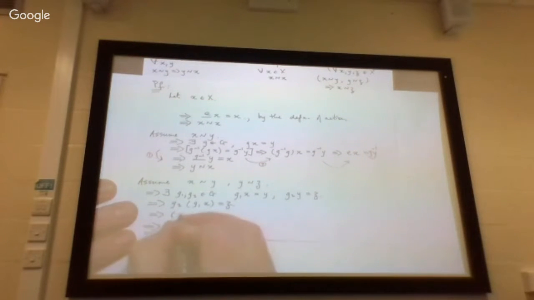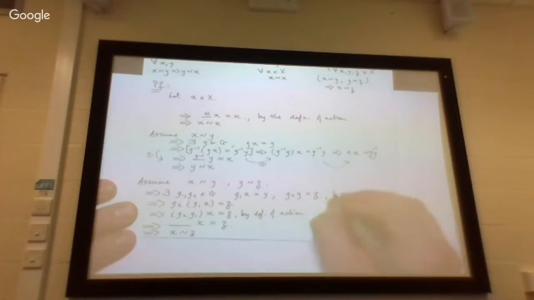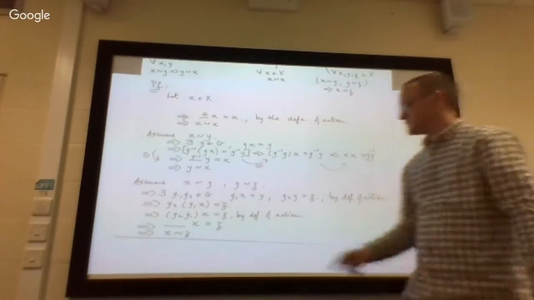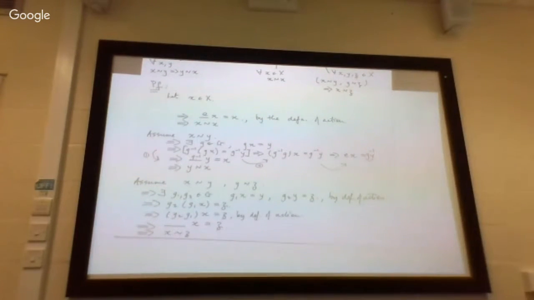That implies that G2 G1 applied to x equals z. So that's by the definition of action. This here was by the definition of action as well. Okay, so this gap has been filled. G2 G1 is the answer there.